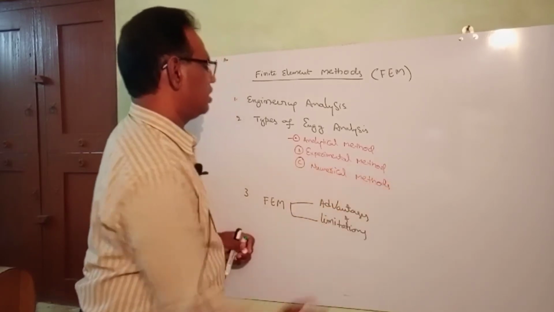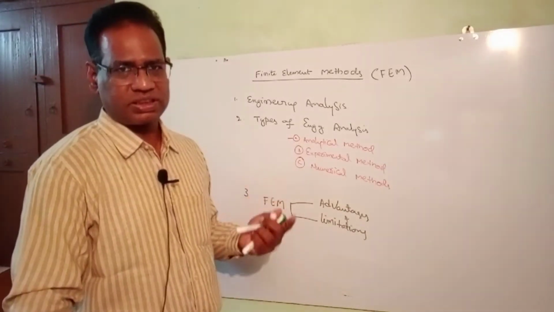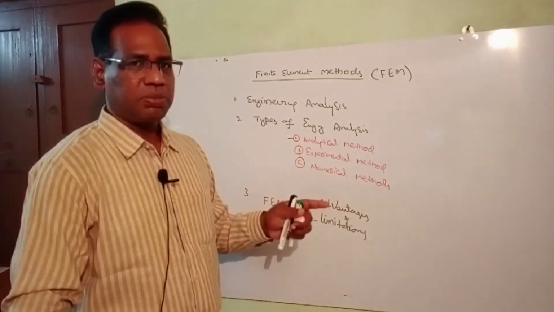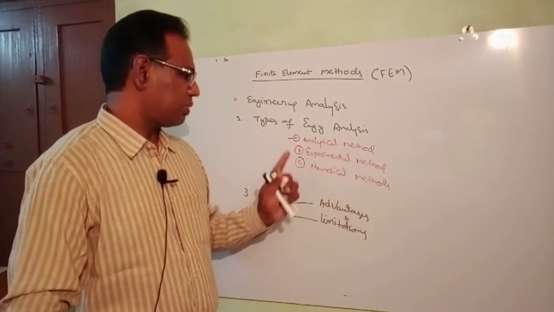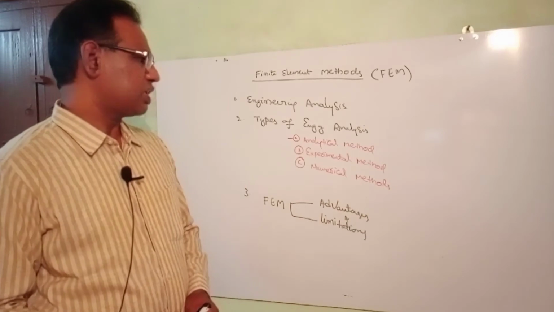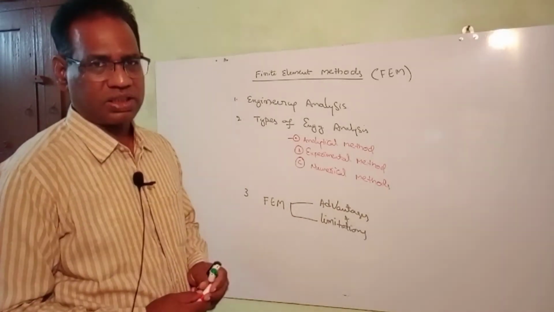That is, estimation of the stress, strain, deformation, and deflections that are going to develop can all be estimated by using analytical methods, experimental methods, or numerical methods. Then what are the limitations of each method, and what is the finite element method?